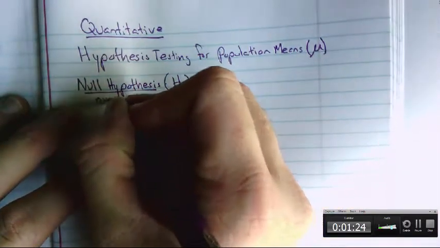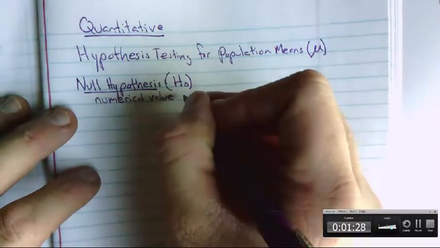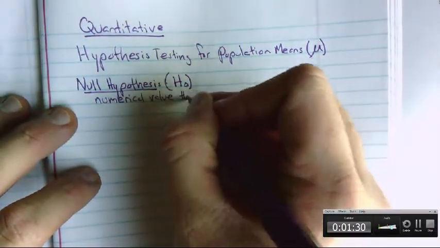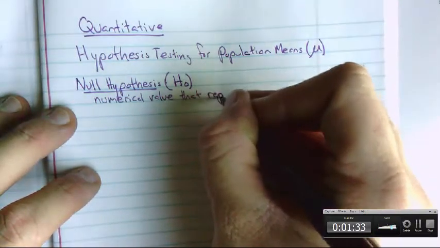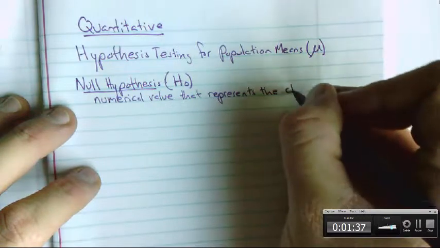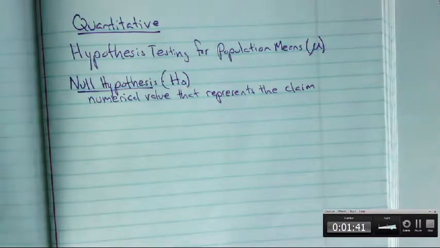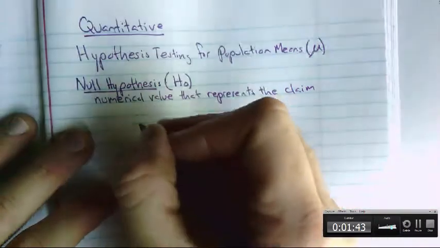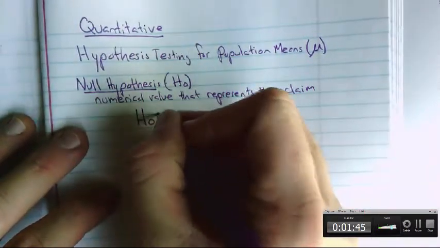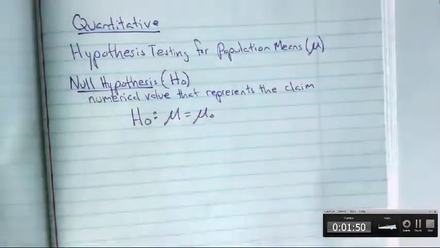It's the numerical value that represents the claim. And it's written like this. The null hypothesis is mu equals mu null.